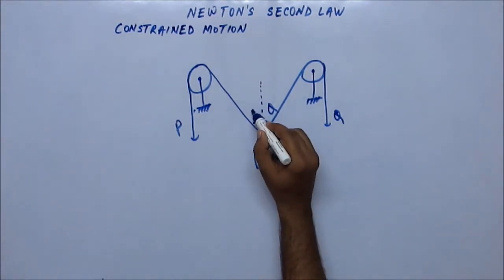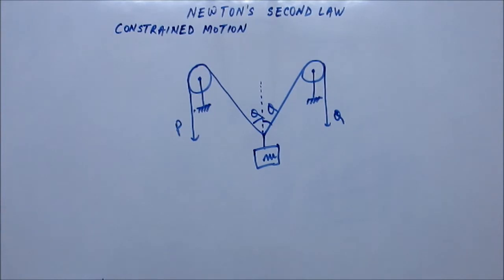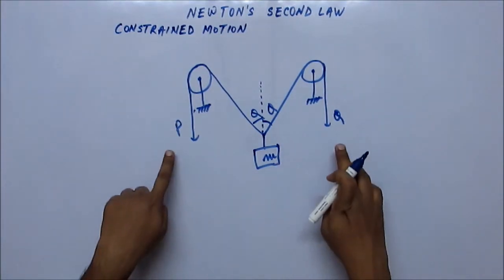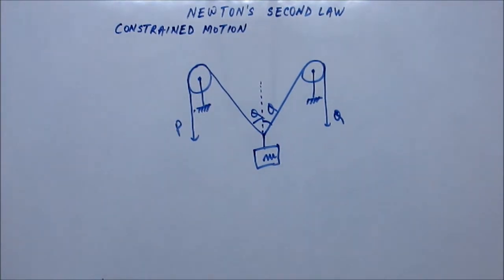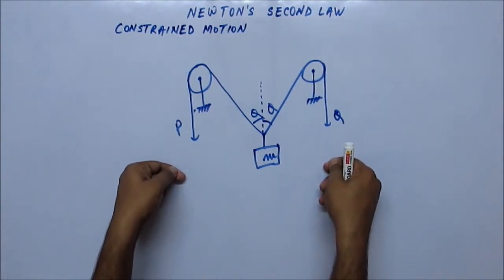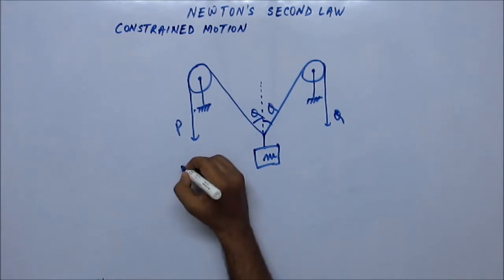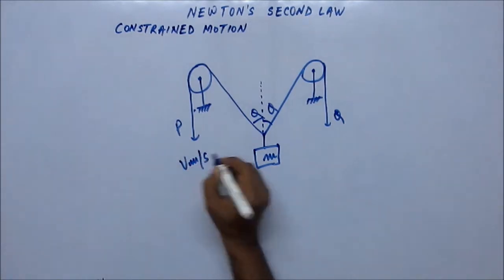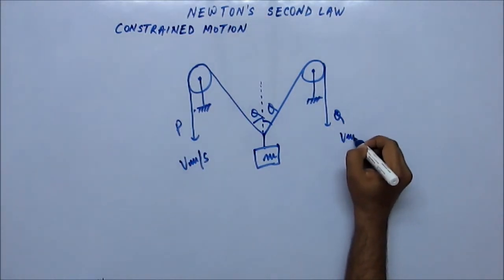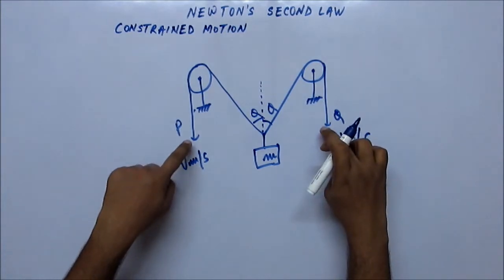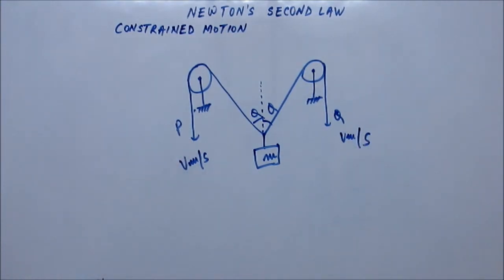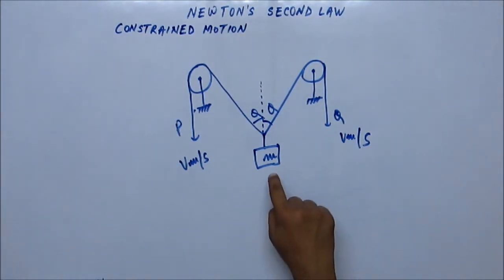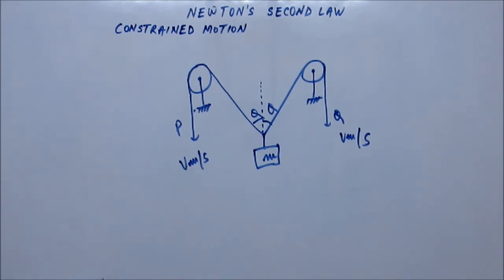The mass is hung from two strings symmetrically. Both the angles from the vertical are theta, and P and Q are the two ends of the string. Somebody is pulling the ends P and Q with constant velocity v. So the terminal positions P and Q of the string are coming down with constant velocity of v meter per second. The question is, with what velocity at this very moment will the mass m be going upward?